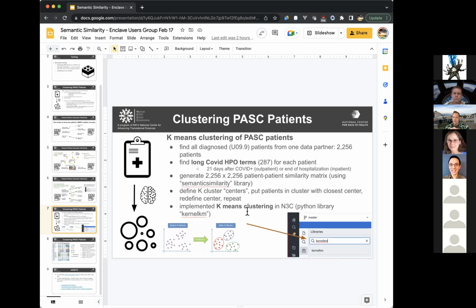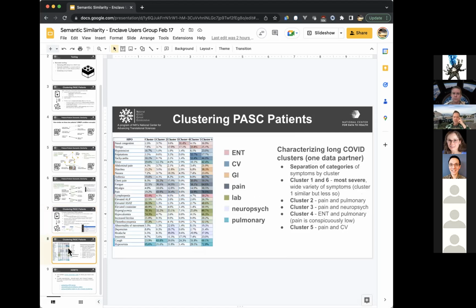But that is also implemented in the kernel k-means package, and I don't think I have code to show how to do that, but I could write some fairly easily. For example, we found 116 HPO terms that we were able to extract from the condition occurrence and measurement table that are symptomatic of long COVID.